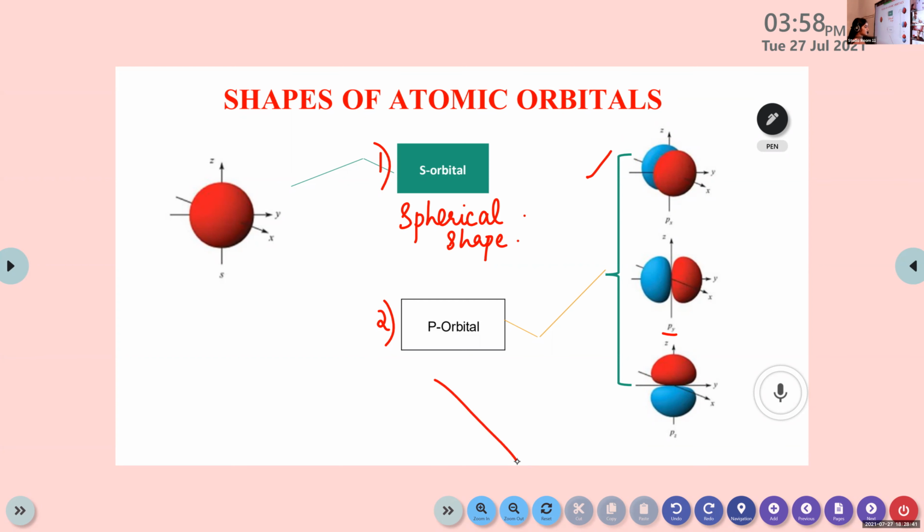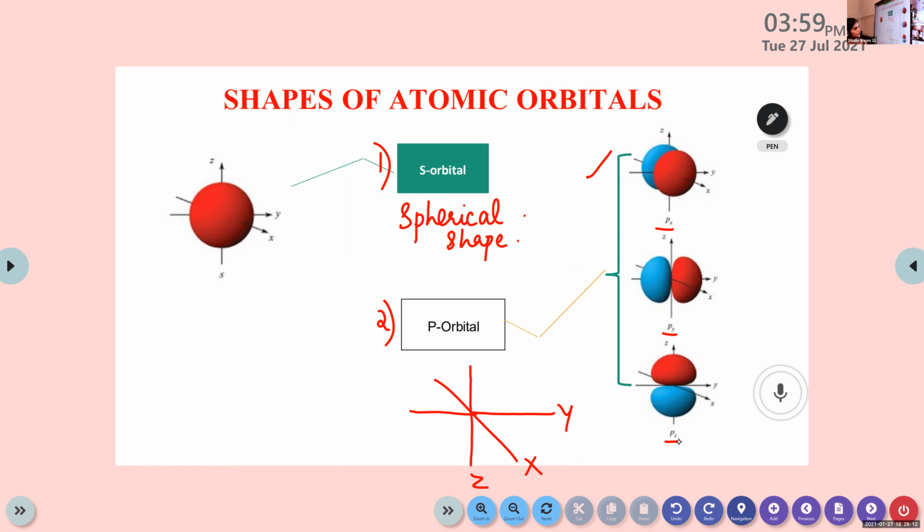This one is x, this one is y, and this one is z. We can draw each lobe in its particular axis. If it is in the x-axis, we can write px. If it is in the y-axis, you can write py. Then the third one is pz.